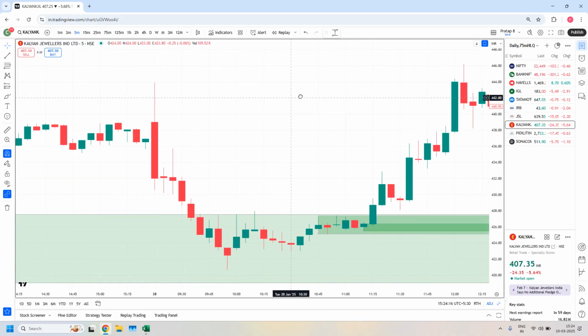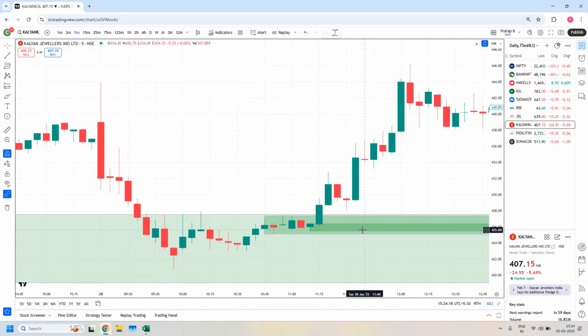We have an excellent 5-minute zone created here. So here you have a drop candle, you have a base candle, you have a rally and follow-through candles. Drop, base, rally. This is the fine-tuned 5-minute zone.